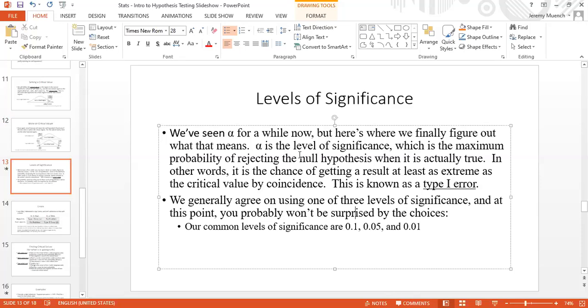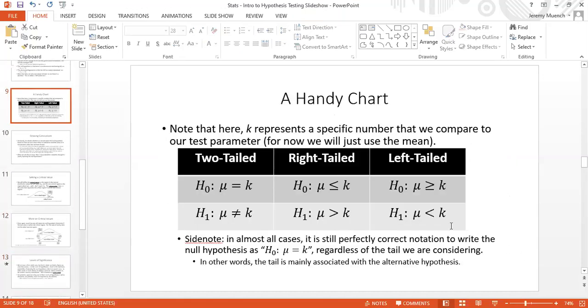Alpha is realistically defined as the maximum probability, and that means that we might have a probability even more extreme than these, and that's fine, but it's the maximum probability of rejecting the null hypothesis when it's actually true. So in other words, it's the probability that the results we got happened by chance when the null hypothesis was the mean that we began with, the value that we're comparing things to.